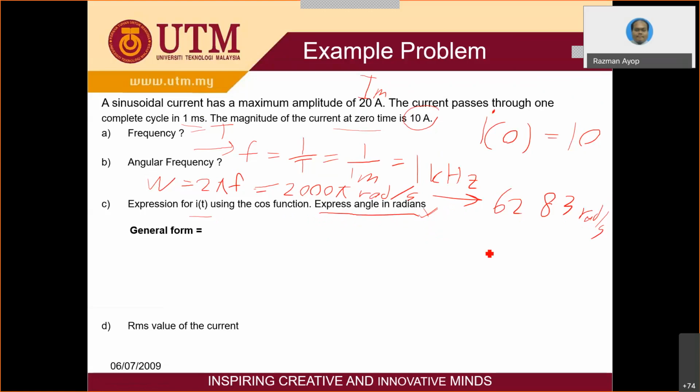For any angle, divide the angle by 180 degrees and multiply by pi to convert into radians. For this one, you need to know the phase shift. As I mentioned before, i(0) equals 10.